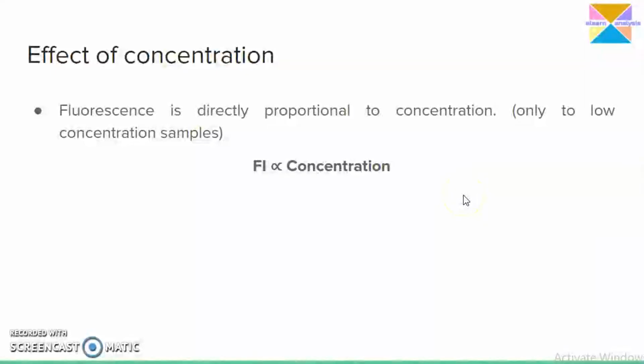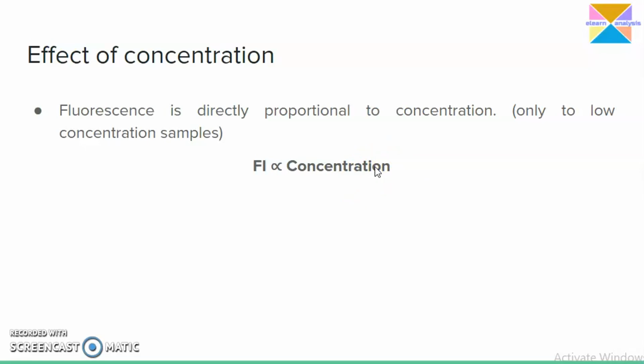Coming to the effect of concentration, fluorescence is directly proportional to concentration, and this holds only for low concentration samples. Here you can see the fluorescence intensity is directly proportional to the concentration. One more thing we should understand is that with stronger solutions, the fluorescence tends to concentrate more and more at the irradiated face of the cell, I mean to say at the surface of the cell or the sample holder.